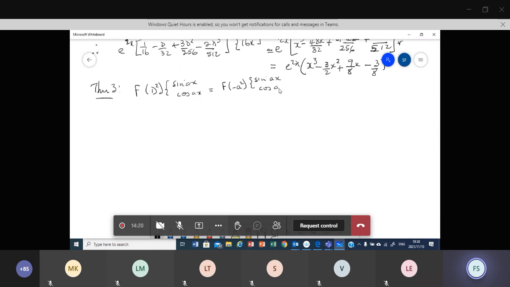Theorem 3 talks about the derivative of a sine or a cosine function. It simply tells us that when you differentiate a sine function or cos function twice, d squared means twice, if you differentiate it twice.